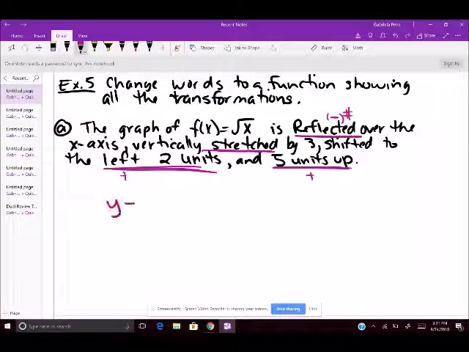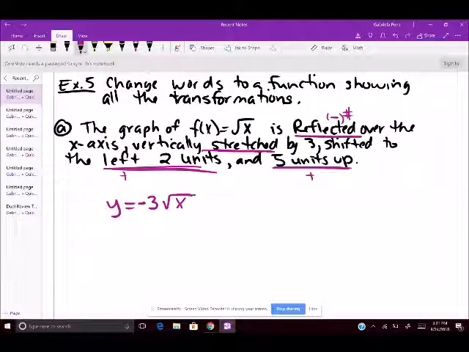So y equals, I'm going to just put it like this right now, square root of x. Because of the reflection, there has to be a negative. Because it is stretched by 3, there has to be a 3 there. Because the a, which is the stretch or the shrink, and the reflection always has to go in the front.